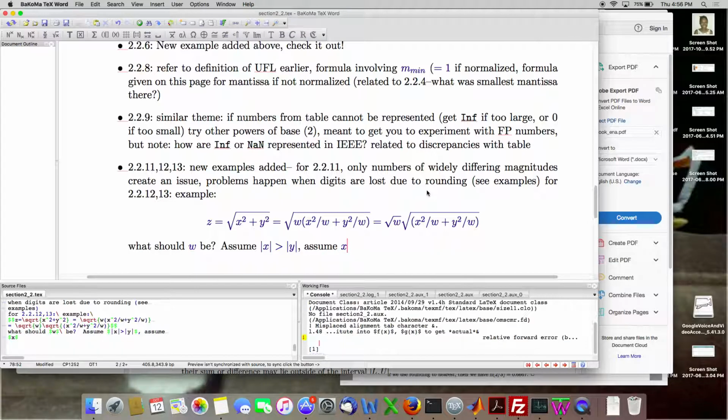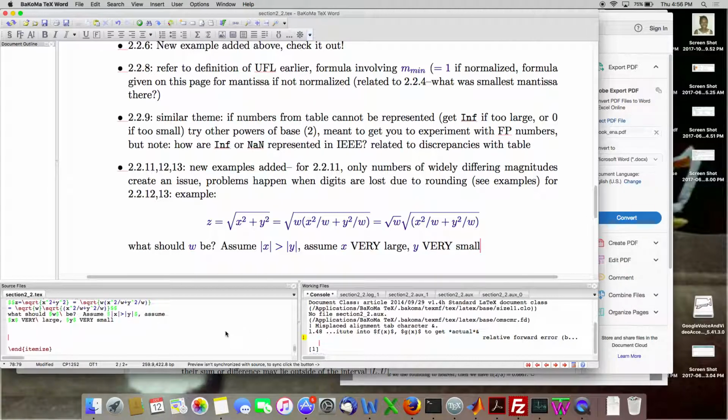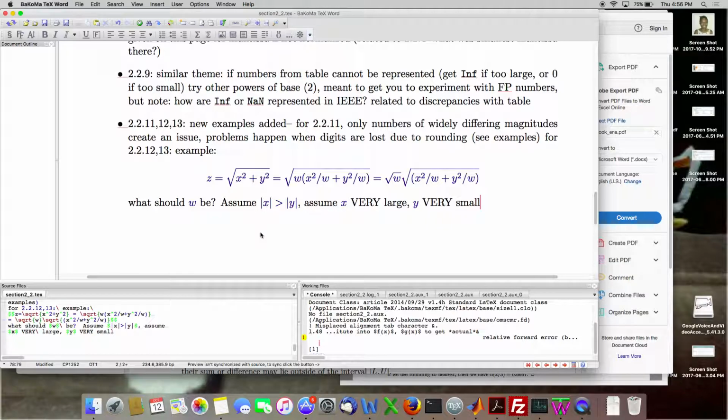Assume x is very large. Also assume y is very small. Some ideas that students have put forth end up falling apart under the assumption that y is very small. So if your idea handles this case well, it should handle every case. This is for 2.2.12. The same idea, just generalized to having more than two numbers, will get you through 2.2.13.